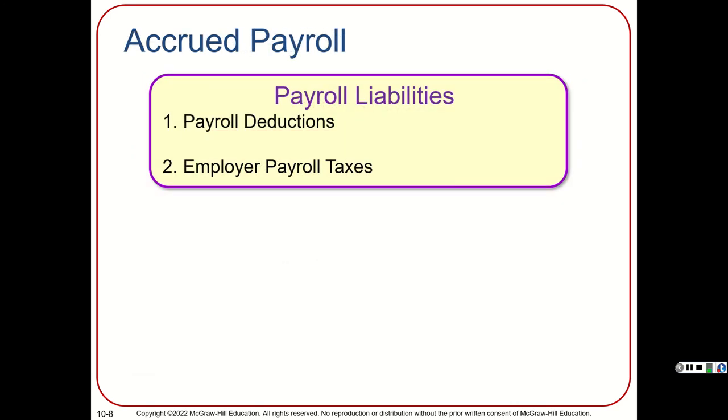Payroll liabilities, payroll deductions, for example, health insurance. Many companies offer health insurance, even your smaller ones now, because of the mandate for even smaller companies to have health care. Most of the time, the employees pay into the health care, but not in total.